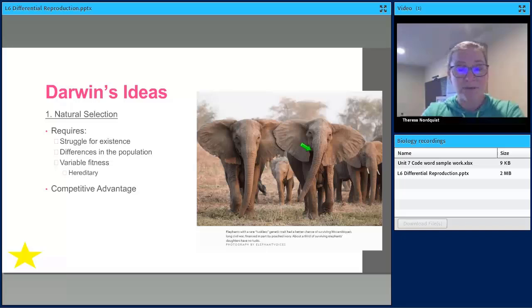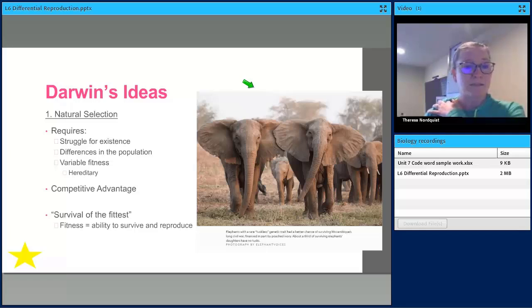So they get to survive and then they reproduce and they can pass on that trait. Studies have shown that in populations of these elephants where there's a high amount of poaching, you see an increased number of females without tusks, which I think is very interesting.